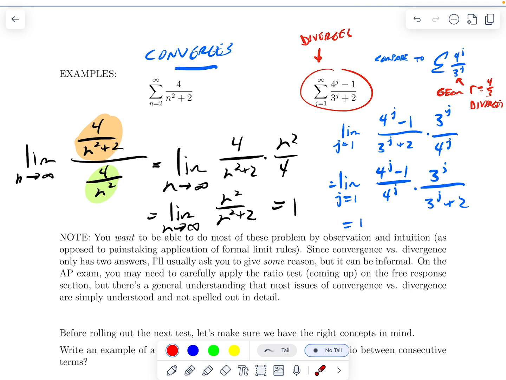So get comfortable relying on your feelings and intuitions. You do not have to write out every step if you know you could. When we get to the ratio test later in this section, that's the one that you have to know in some detail. That's the one that we'll practice presenting in a specific way. But generally speaking, these tend to show up in, say, multiple choice questions. So as long as you understand the relationships, you don't have to show things in great detail.